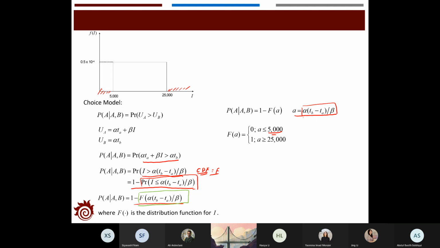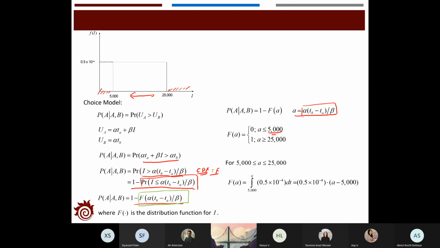For those in between, as this is a uniform distribution, you're going to have the line to connect these 2 points. So we can derive the line from between 5,000 and 25,000.